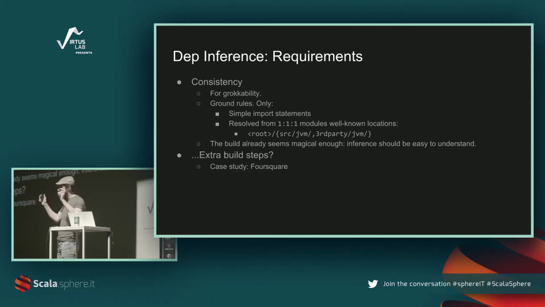And internally we call this science layout, but it's essentially that there is about 40% of Twitter's code organized at the root under source Java and Scala. I say JVM here just because that's how it should be. And then com Twitter package name all the way down. So this is very, very easy to grok, right? Where does this package live in my repository? Well, it lives at this well-known location.